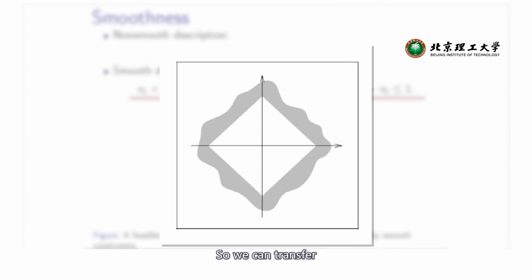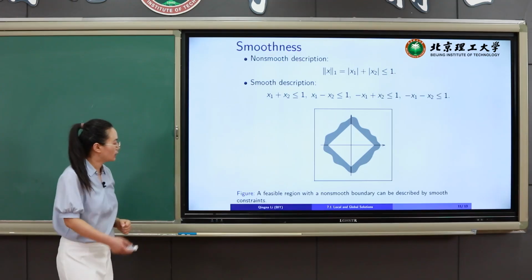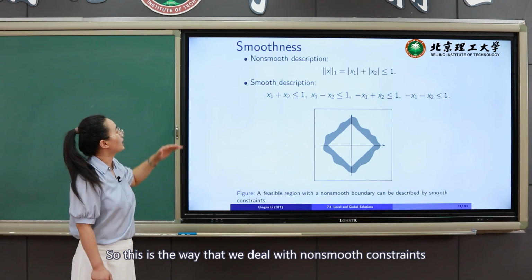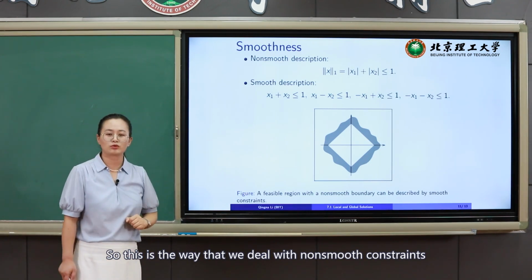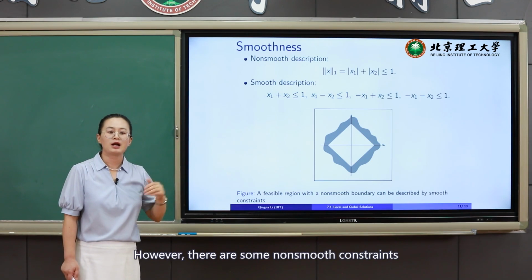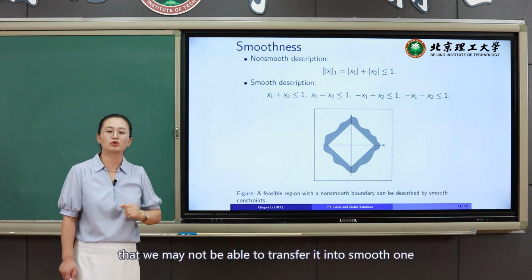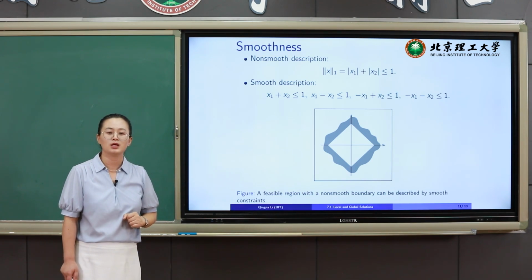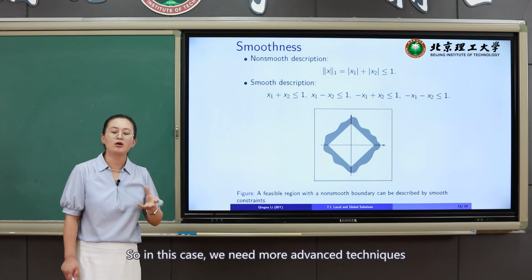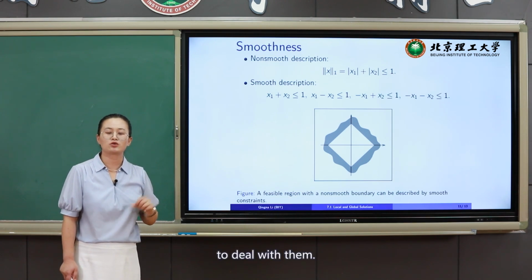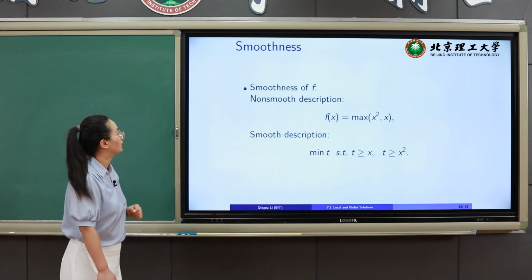Okay, so we can transform some non-smooth constraints into smooth constraints by adding a different number of constraints. Okay, so this is the way that we deal with non-smooth constraints. However, there are some non-smooth constraints that we may not be able to transform into smooth ones. So in this case, we need more advanced techniques to deal with them.